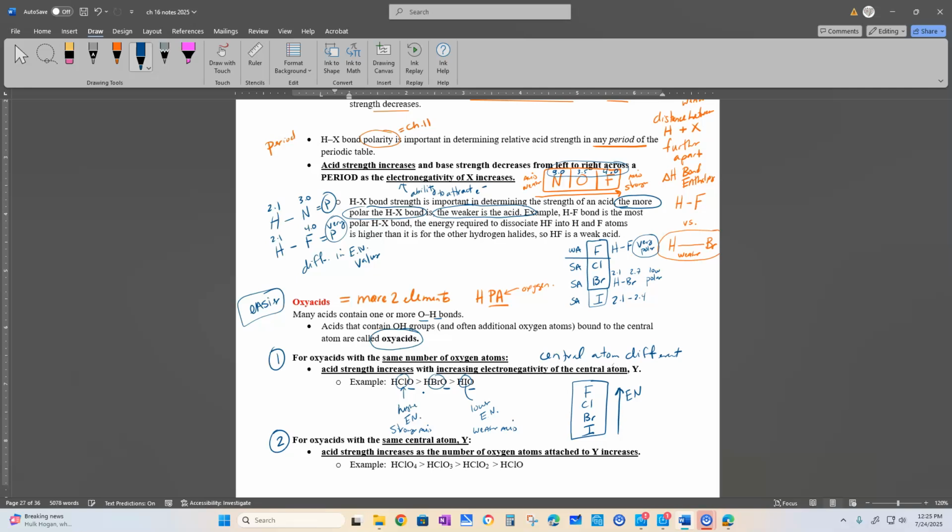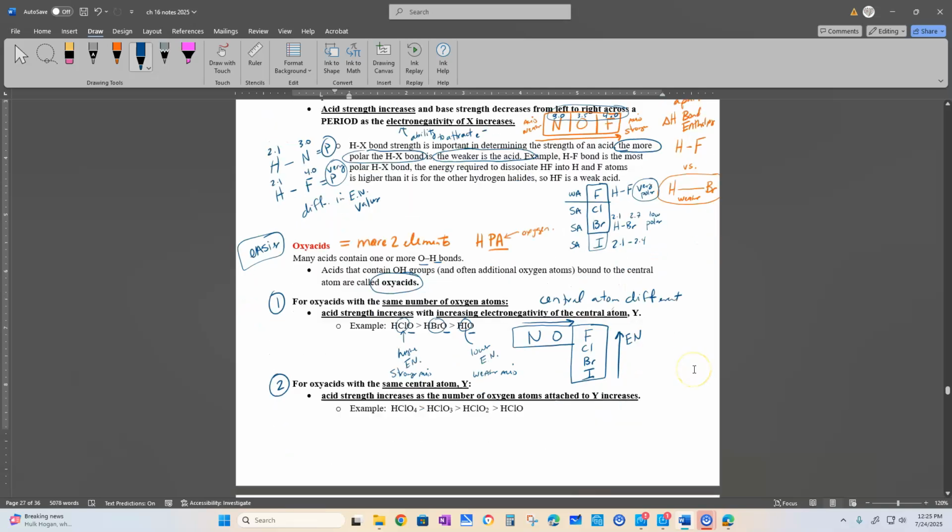Same thing if you were looking at electronegativity going across. If you had nitrogen and oxygen, remember electronegativity gets bigger as you go across to fluorine. Fluorine is the most electronegative. That should have been pretty easy, and this next one is going to be even easier.